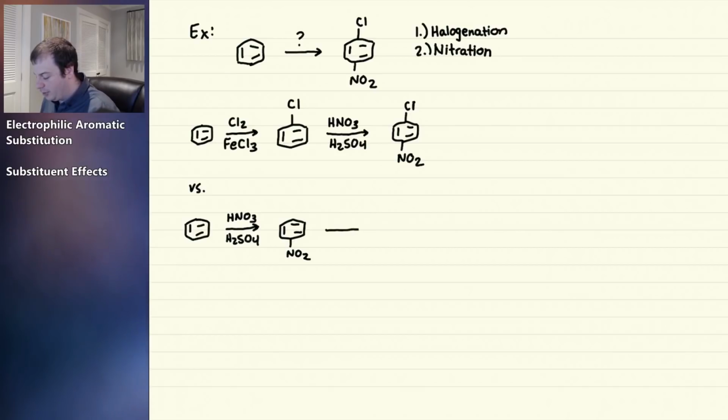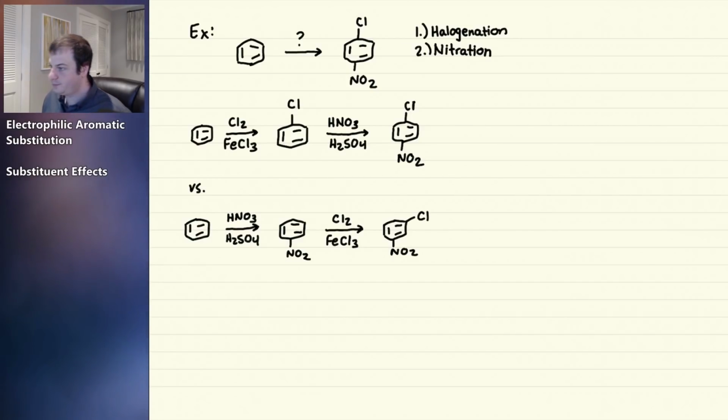And now I'll do the halogenation reaction. So Cl2, FeCl3. But now the substituent on our benzene ring is a strong deactivating group. It's the nitro group, which is a strong deactivating group. That's going to push the next reaction to the meta position. So this will not lead to the correct product. It will put the chlorine at one of the meta positions.